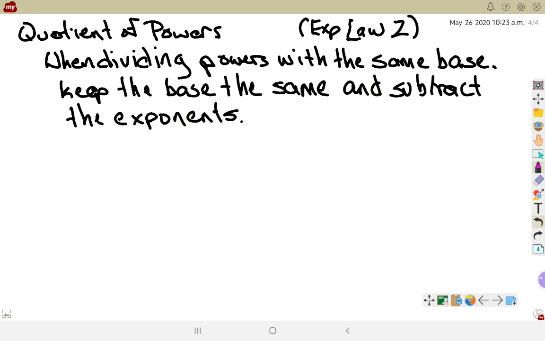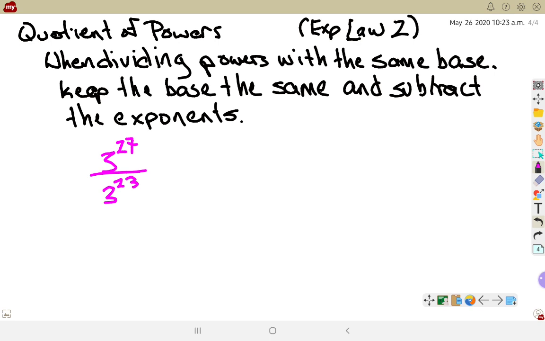So again, I'll give you some difficult numbers that you wouldn't actually want to end up typing into your calculator. So let's say I had 3 to an exponent of 27 divided by 3 with an exponent of, we'll say, 23.